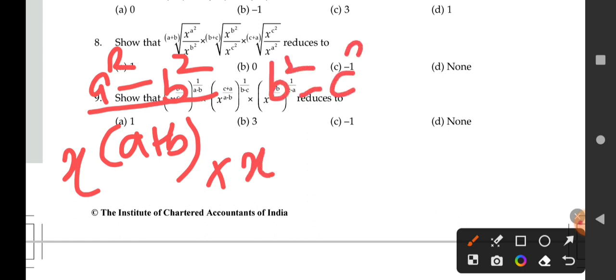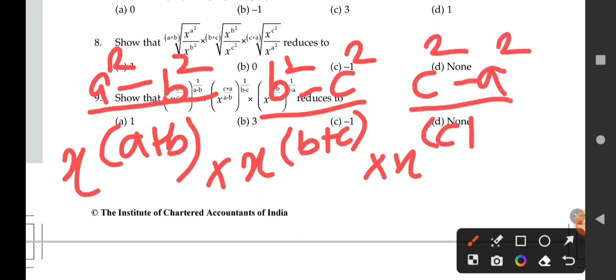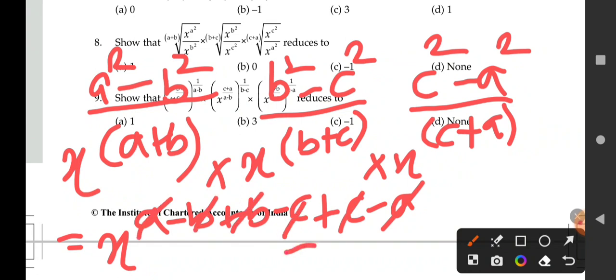Same, B square minus C square divided by B plus C. Again, X power C square minus A square divided by C plus A. So what do we have? X power A minus B plus B minus C plus C minus A. All the terms get cancelled. We have x power 0 equal to 1. Option number A.